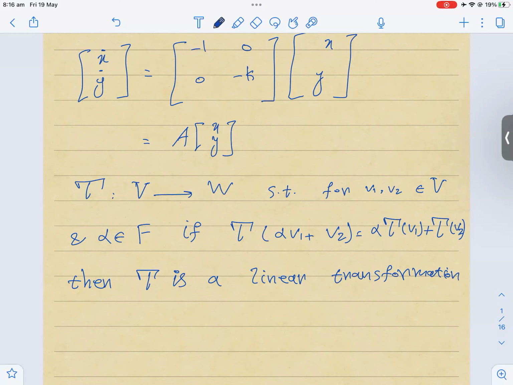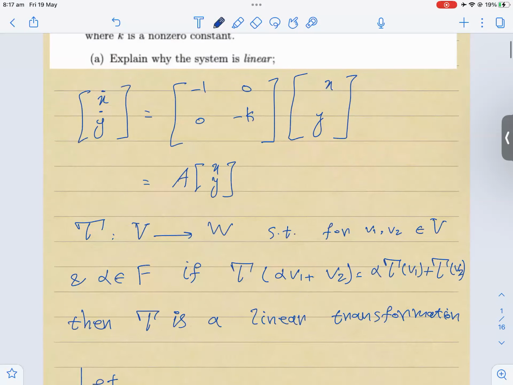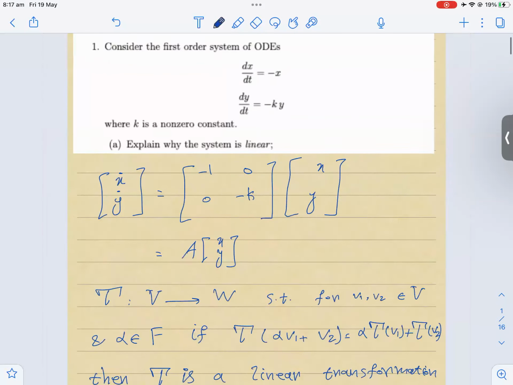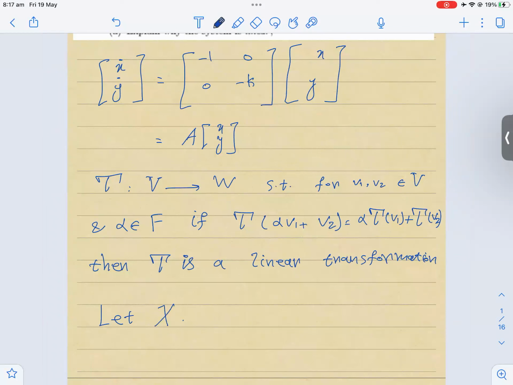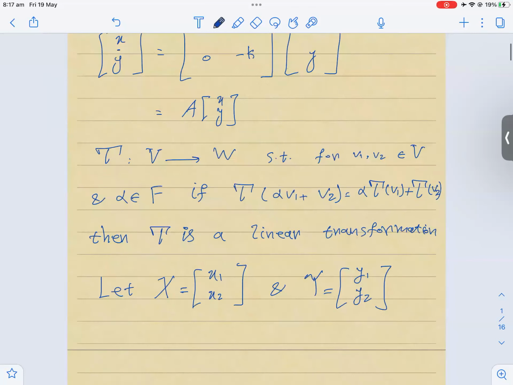So now here, let X belong to the space, with components x1, x2, and Y with components y1, y2.